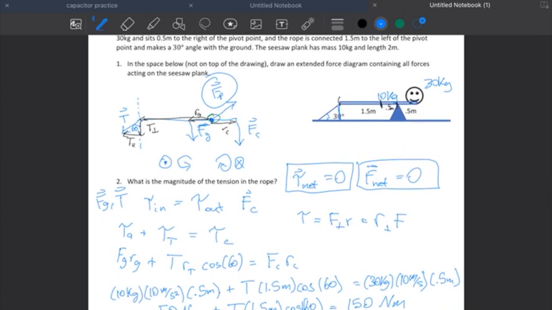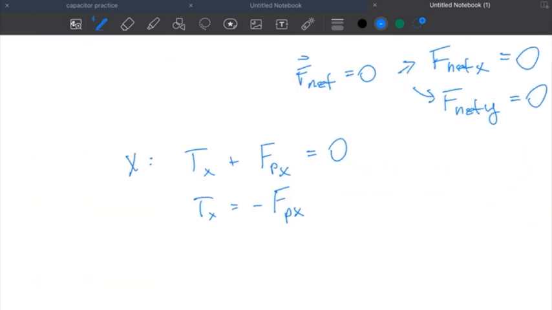And if we want the horizontal component, this T parallel, we'll now need to do sine of 60 or cosine of 30. Those are both the same thing. But so Tx is going to be 133.33 newtons times sine of 60 equals negative Fpx.